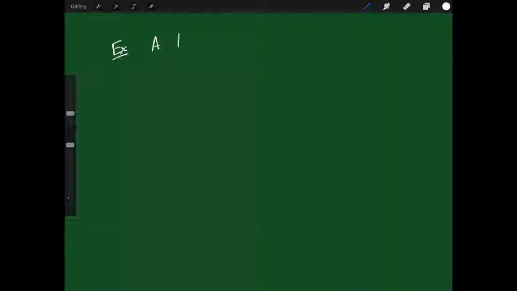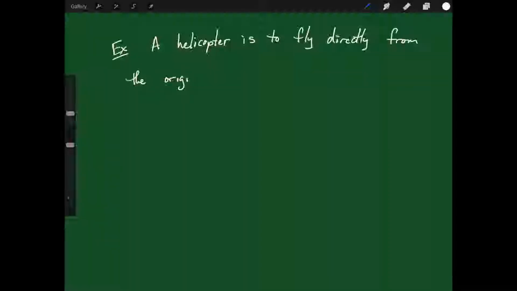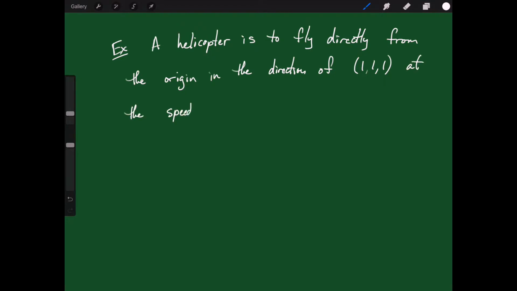A helicopter is to fly directly from the origin in the direction of 1, 1, 1 at the speed of 60 feet per second.